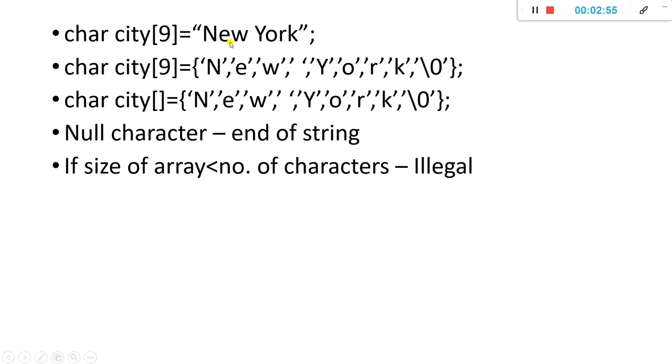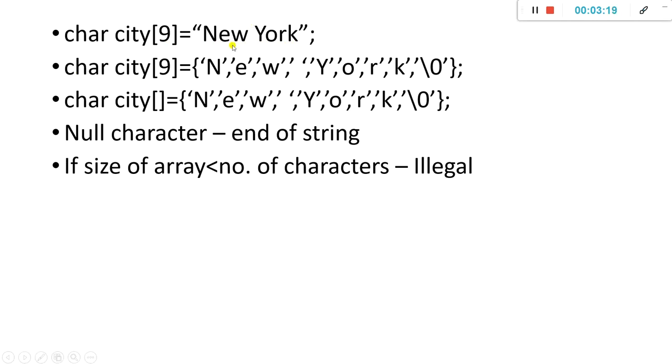Okay, so when you count the number of characters here, you can see that there are how many characters? 1, 2, 3, 4, 5, 6, 7 and 8. So 8 characters are there in the string. Along with that 8 characters, you have to store one null. So total will be 9. So that is the 9 size of the array which we have given in here.